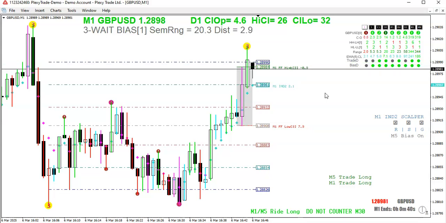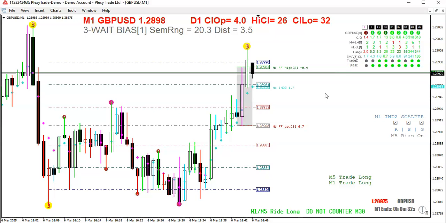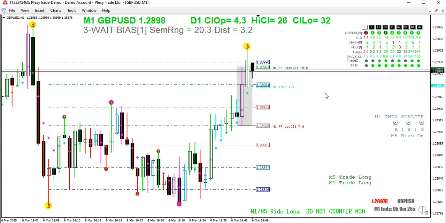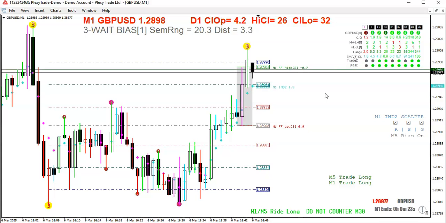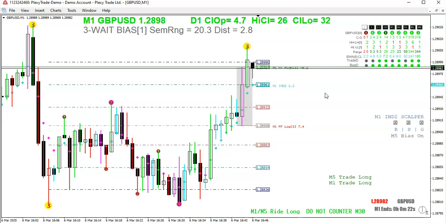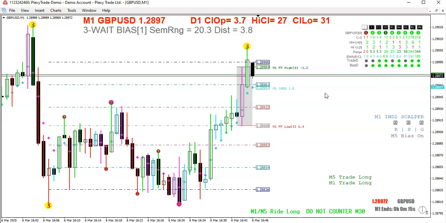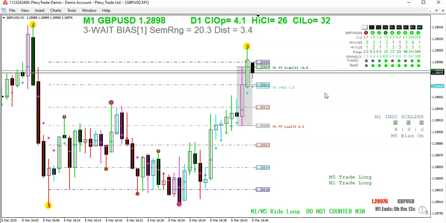Let's say I want to go long and I'm below the EMA5, but only by 2 or 3 points, not 2 or 3 pips, and I'm moving in the direction of the EMA5, and it's starting to run up. That gives me some confidence that this is probably a good trade to get in. I don't necessarily have to be above it, but I need to be moving in its direction.